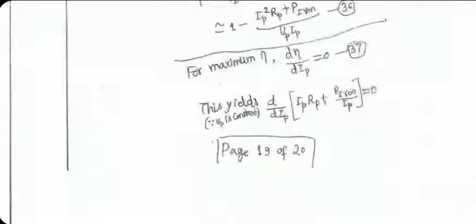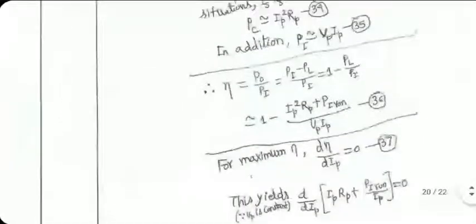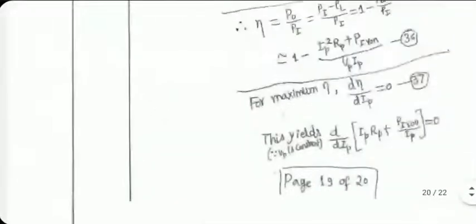If I do that, I get Rp minus P iron divided by IP square equal to 0. Which gives me P iron equal to, actually, not almost, equal to IP square R, which is what I have assumed the copper loss to be.